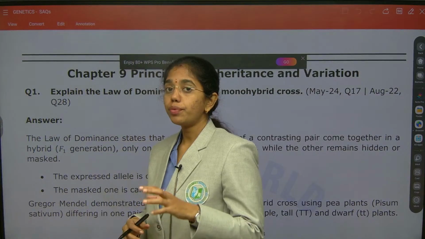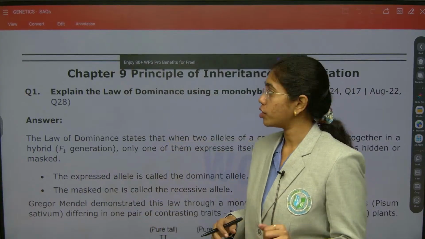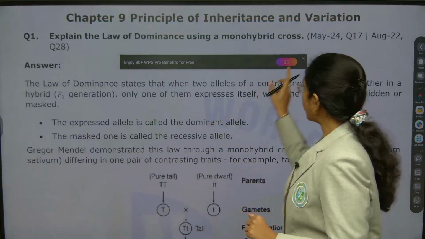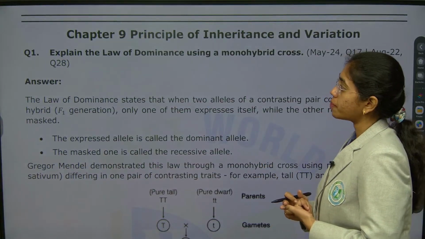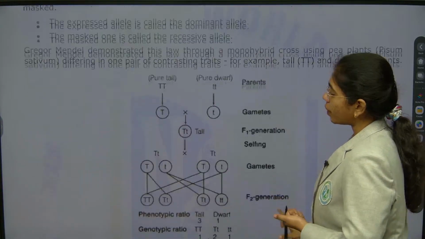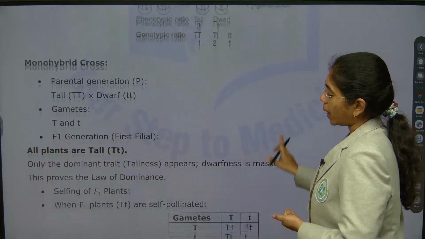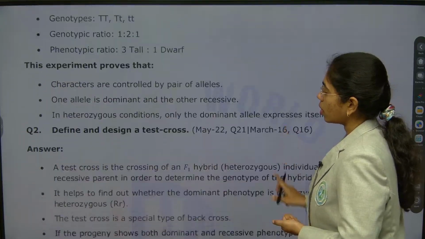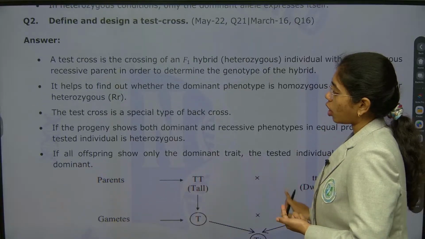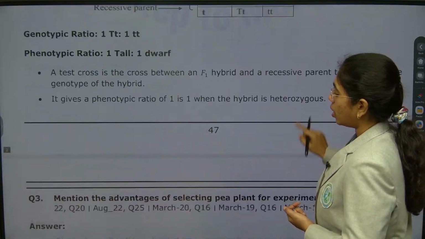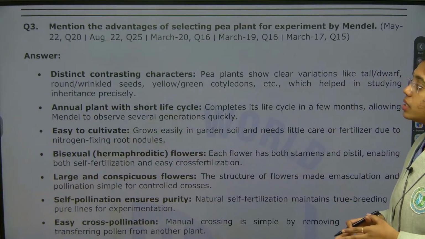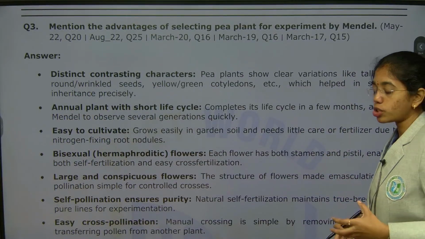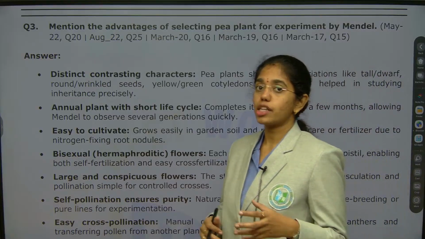Yesterday we dealt with short-answer questions from the chapter Principles of Inheritance and Variation, wherein we dealt clearly with the law of dominance from the monohybrid cross, followed by test cross, and then Mendel's advantages of choosing Pisum sativum as a model organism.